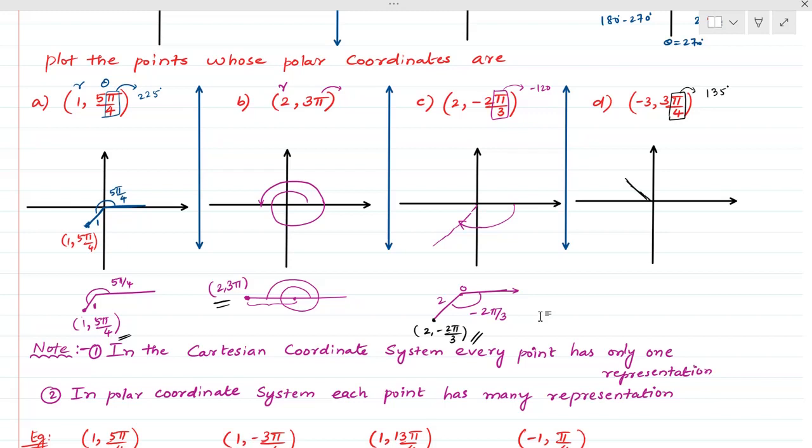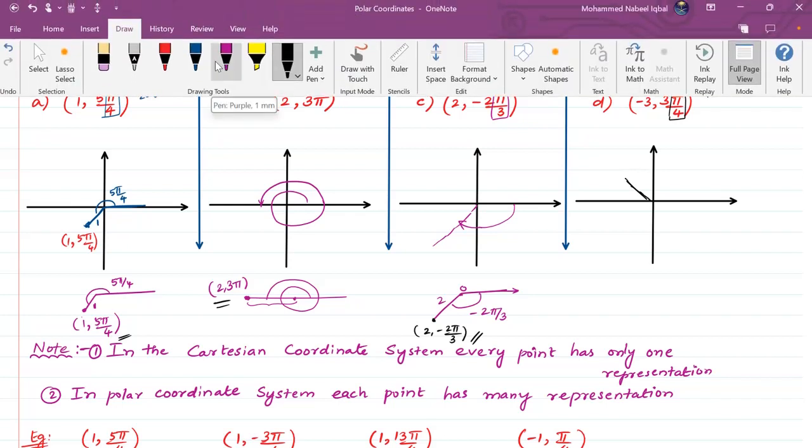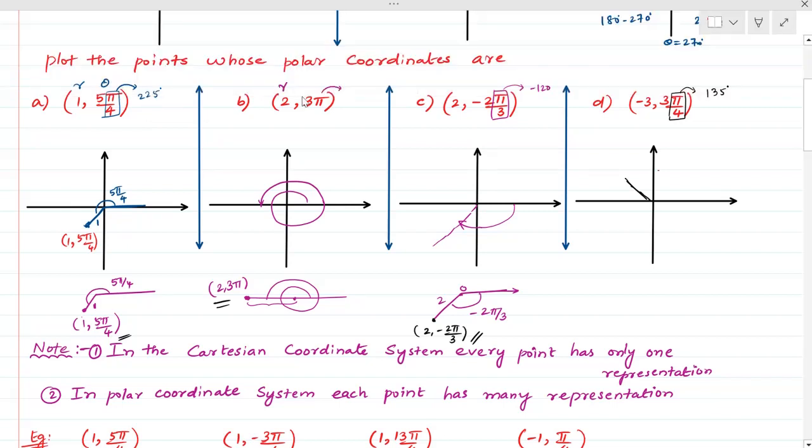This is the second quadrant, and very important thing here, the r is a negative value. The r value is here negative, minus 3. So therefore it is going backward. It is going backward. So it is 1 unit, this is 2 units, and this is 3 units. So it moves 3 pi over 4, but r is going in the negative direction, minus 3.